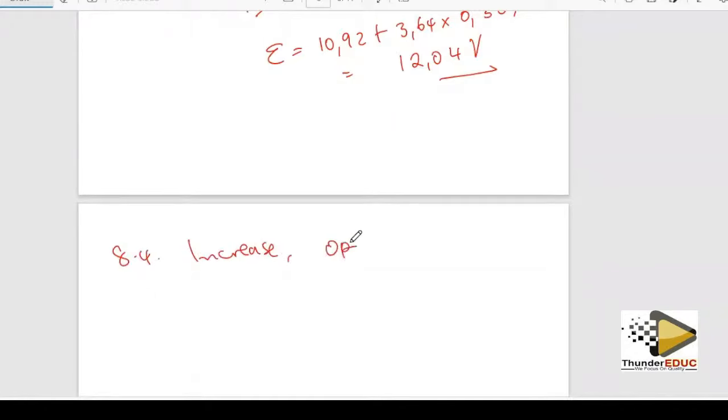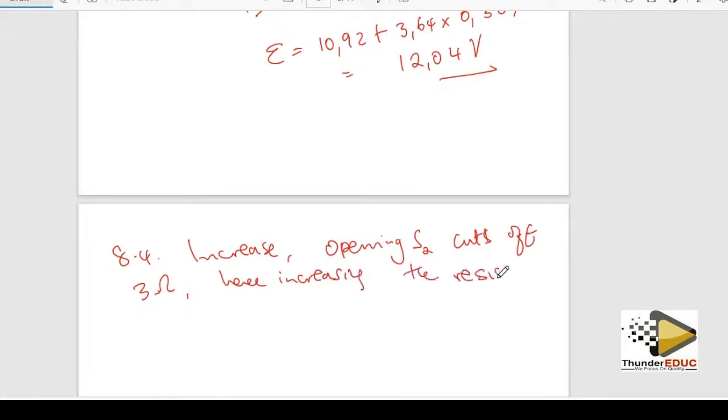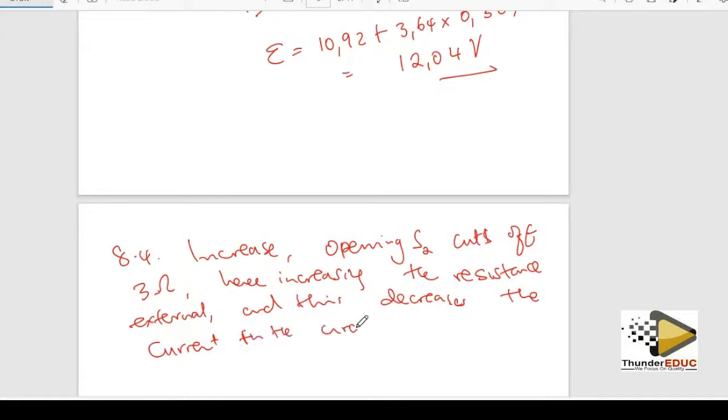Reason being that opening S2 just cuts off the 3 ohm, hence increasing the resistance external, and this decreases the current in the circuit.